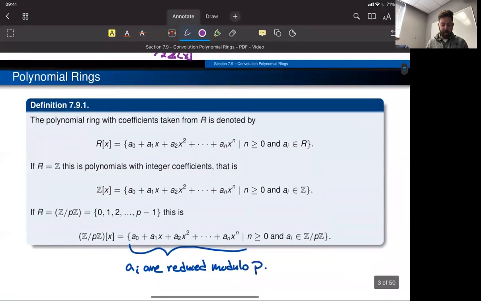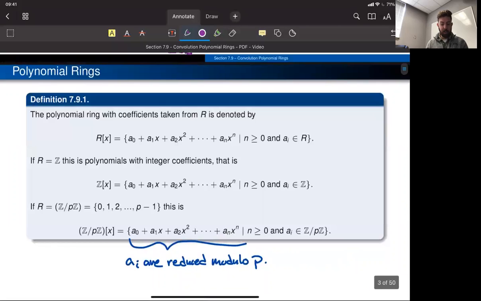So I can introduce this new notation, which is the exact same thing as this one up above. I'm just replacing the R with a Z originally, and now I'm replacing that R with a Z mod pZ. So what this is going to give me is polynomials with any type of degree that I would ever want, where the coefficients are then going to be viewed modulo p, whatever prime we happen to be working with.